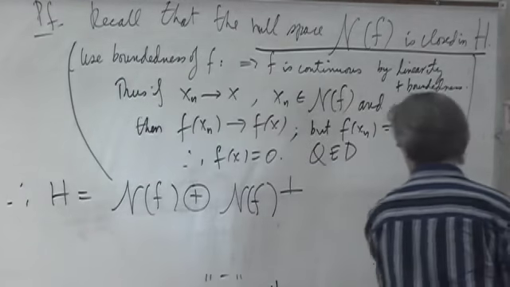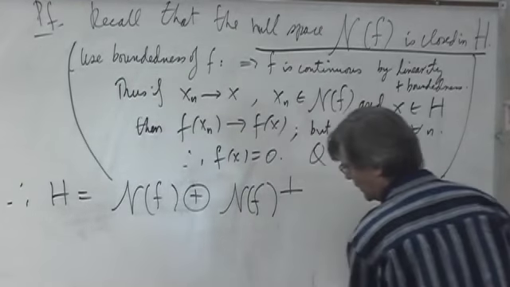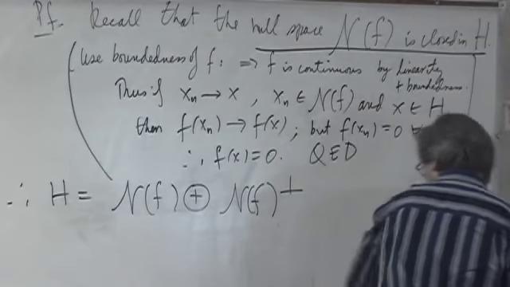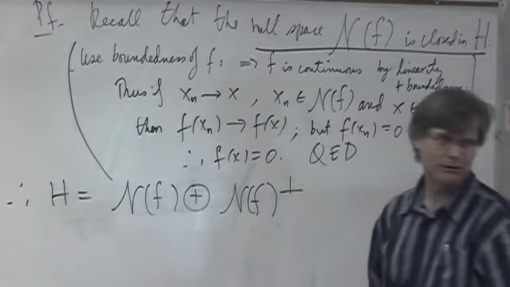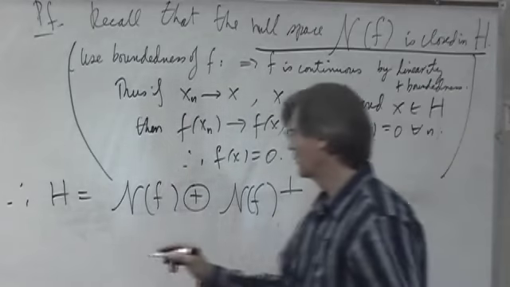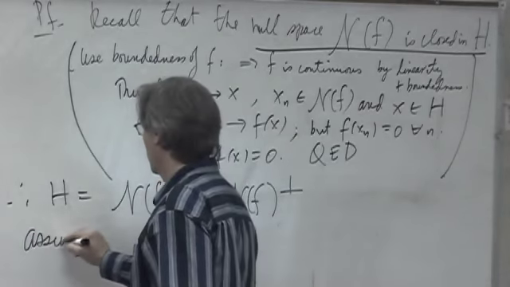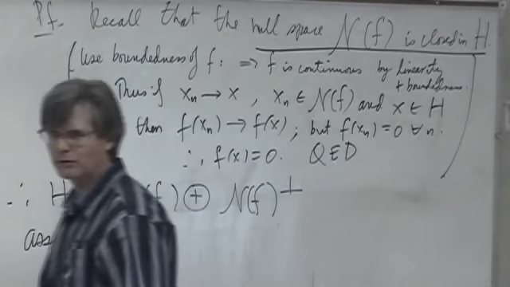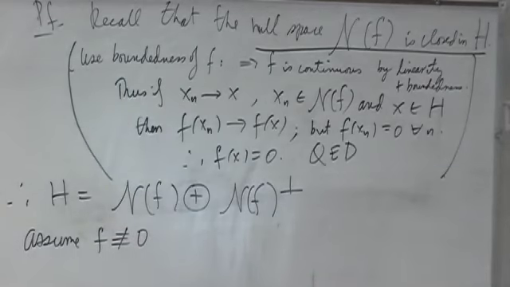Remember, the null space is the set of all x that get mapped to 0. If you don't have the 0 functional, there has to be something that doesn't get mapped to 0. So assume that f is not equal to the 0 linear functional. Otherwise, it trivially has a representation of x inner product with 0. That's the trivial case.